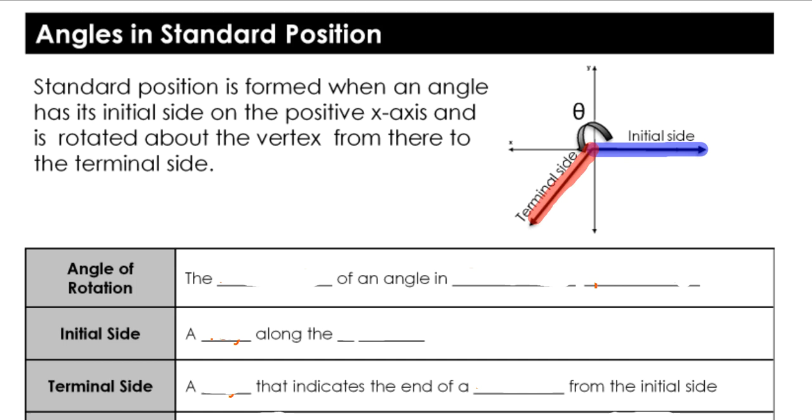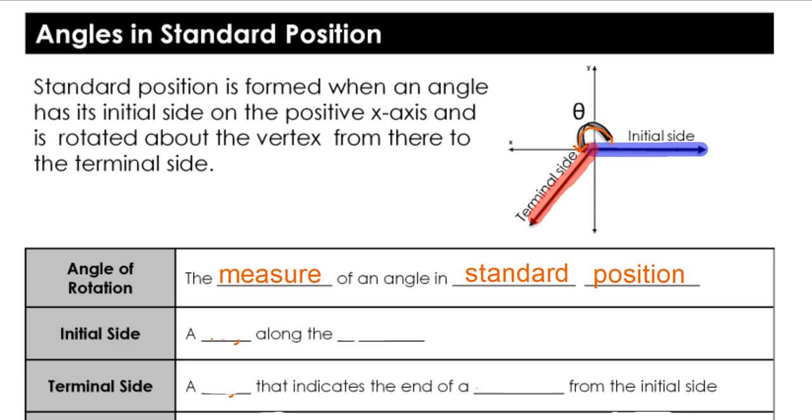So an angle of rotation is where we take the measure of an angle that's in standard position. So in our example that we had before, the angle of rotation is the number of degrees of this arrow, essentially. How many degrees did it take to rotate it from the initial to the terminal side?